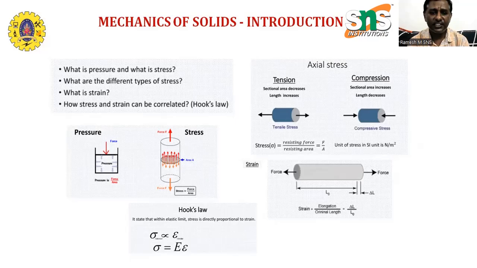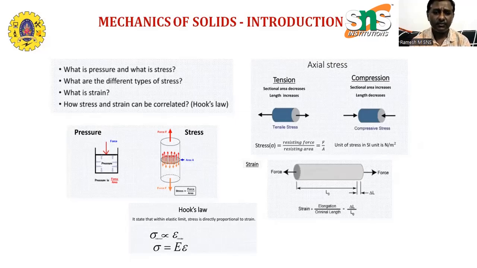The modulus of rigidity is represented by the capital letter G. Like Young's modulus, which is stress by strain, the shear modulus is shear stress by shear strain. The bulk modulus is related to the volumetric strain, that is, change in pressure to the volumetric strain.